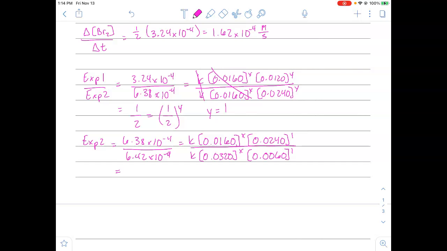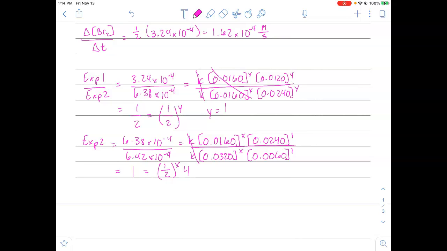Comparing my rates, dividing those two numbers, my K's cancel out, and we end up with 1/2 raised to the X, because 0.0160 divided by 0.0320 gets me 1/2, times 4.